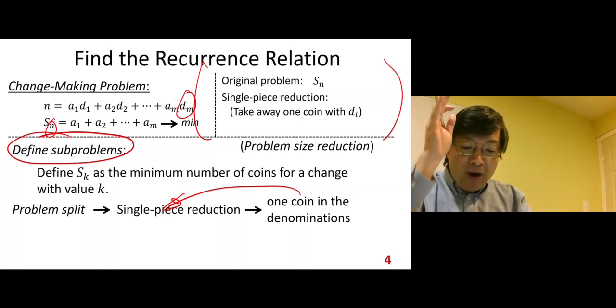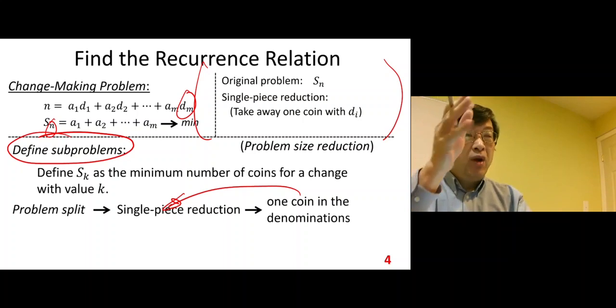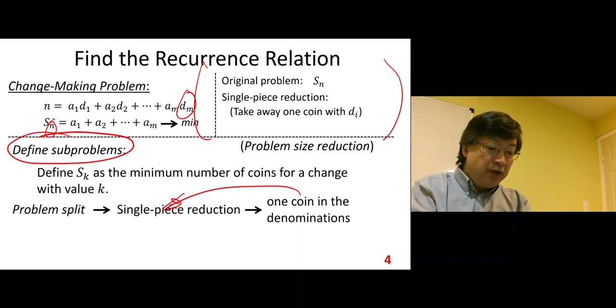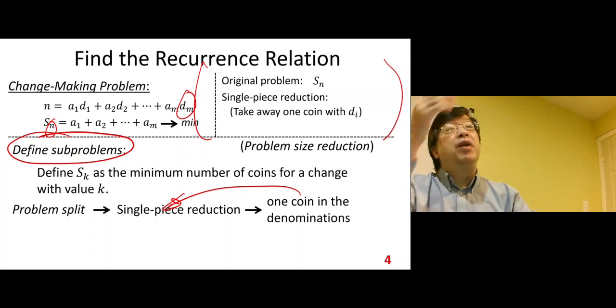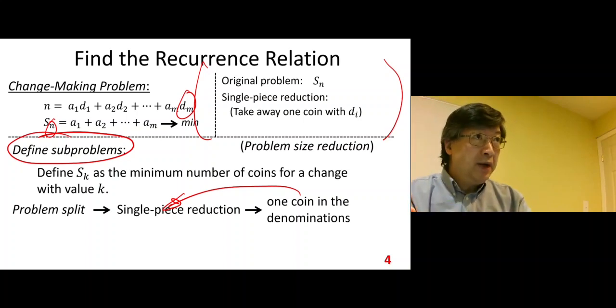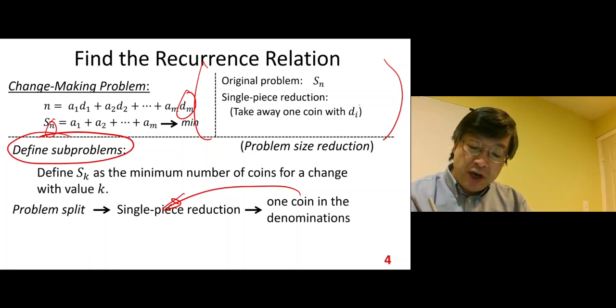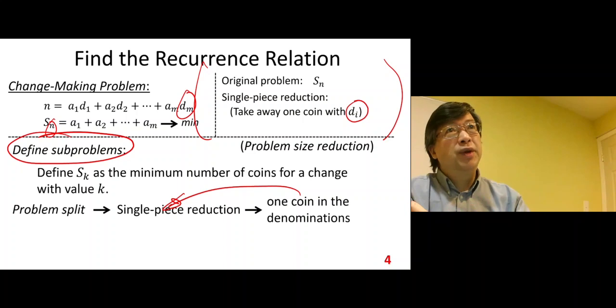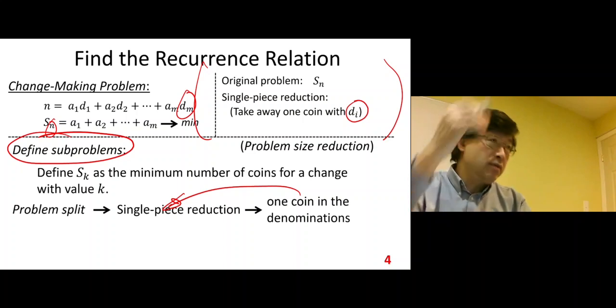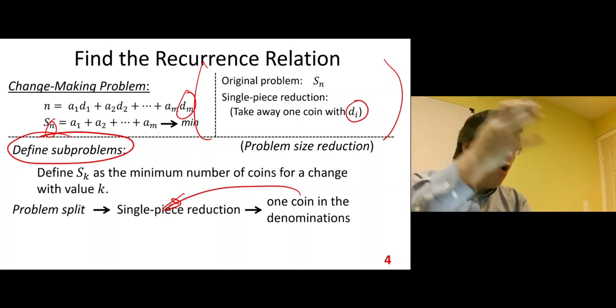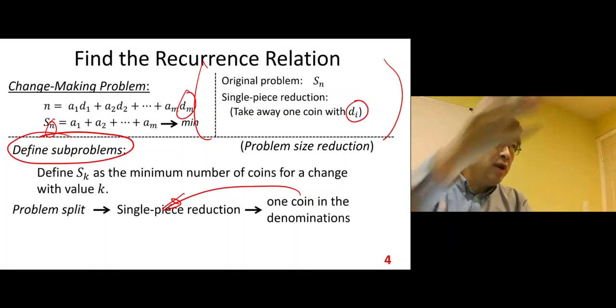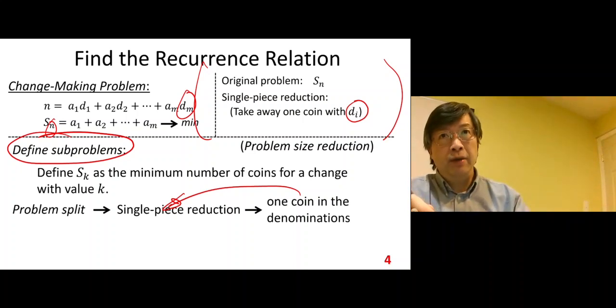All right. Take away one coin. But for one coin, you have D1, D2, DM. Which one do you want to take? You need to make that decision. Which one is the best? You don't know. So here we use the general Di, because this Di can be a coin with any denomination.